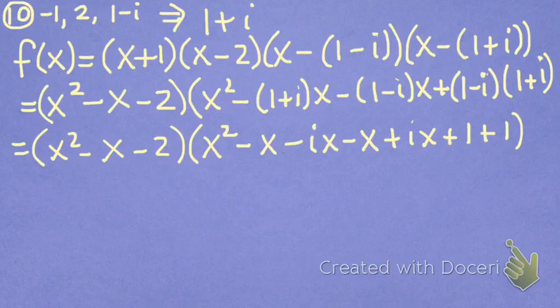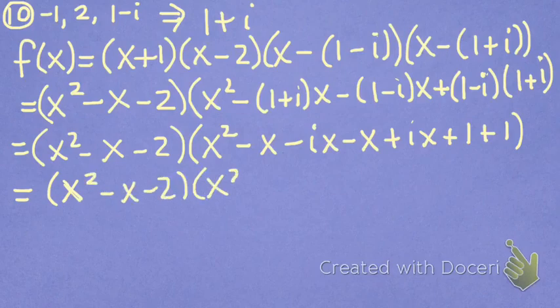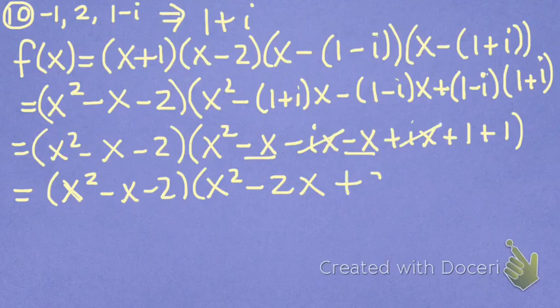And then we get our second factor cleaned up so that we can multiply them together, and we get x squared minus x minus x gives me minus 2x. And then this minus ix and plus ix take each other out for me. So we're left with plus 2.